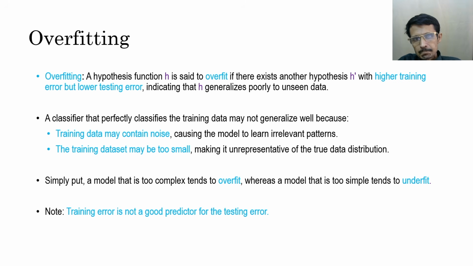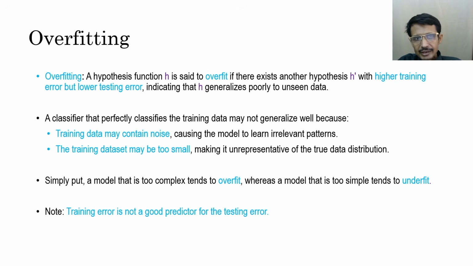For H bar, the training error is higher than for H, but the testing error is lower than for H. If this kind of situation happens, we say that our actual function H generalizes poorly to unseen data. We'll see in this lecture what is actually happening, and what this sentence means, or what is meant by generalization and so on.